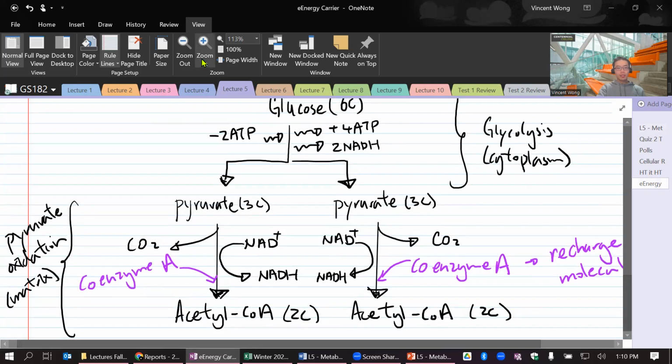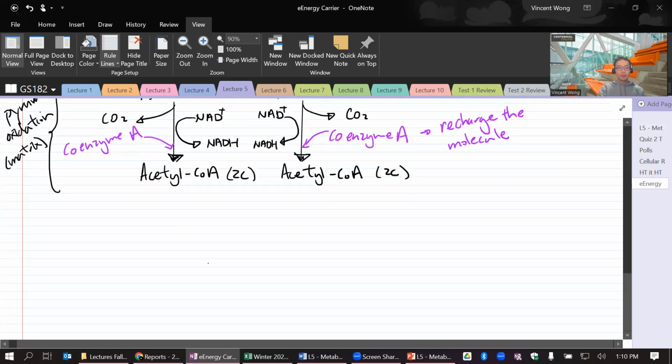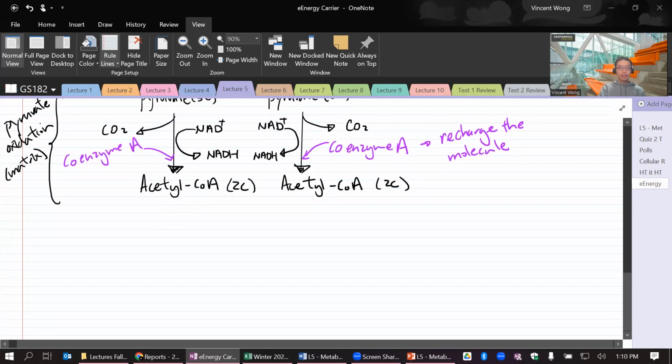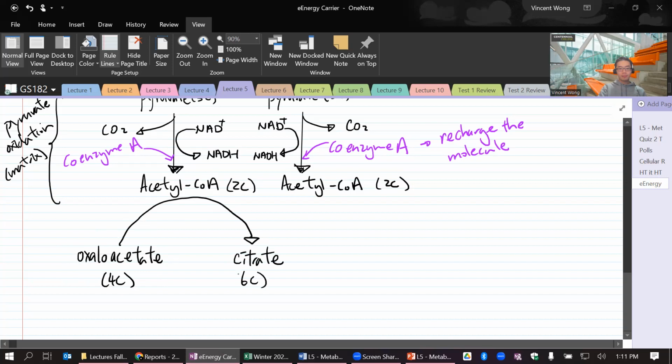So next, we will have the acetyl-CoA. It's in the matrix right now, and in the matrix there is another molecule called oxaloacetate. And this one has 4 carbons in it. So the 4-carbon oxaloacetate will combine with the acetyl-CoA, and that's going to form citrate, which has 6 carbons in it.